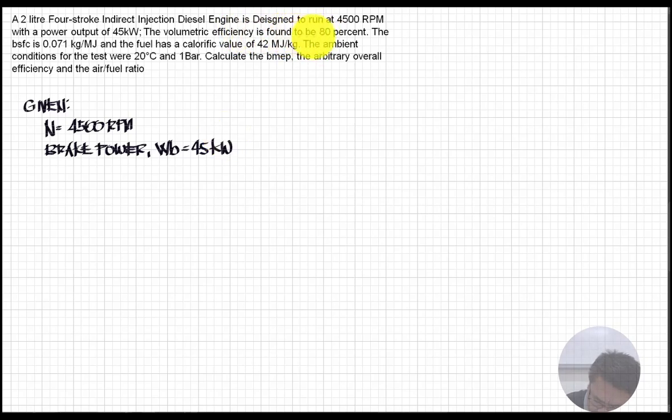Then next we have the volumetric efficiency. So we have 80% as your volumetric efficiency. Then we have the brake specific fuel consumption, BSFC, which is equal to 0.071 kilogram per megajoule.